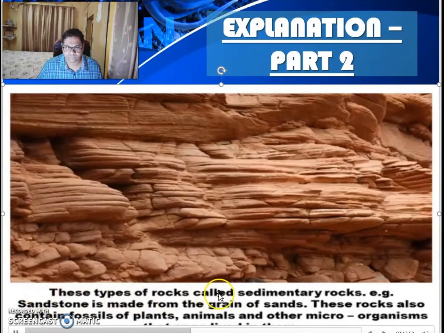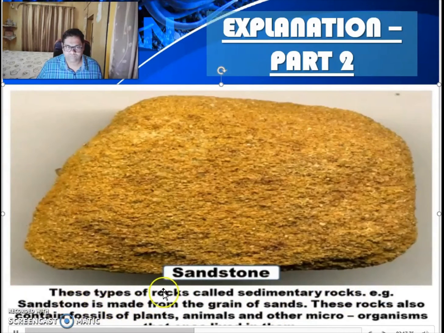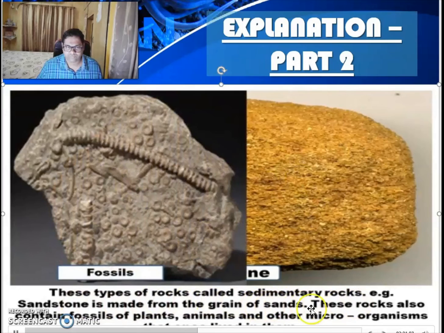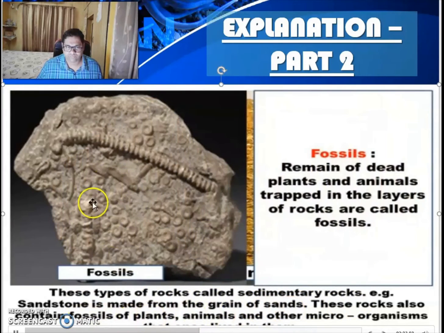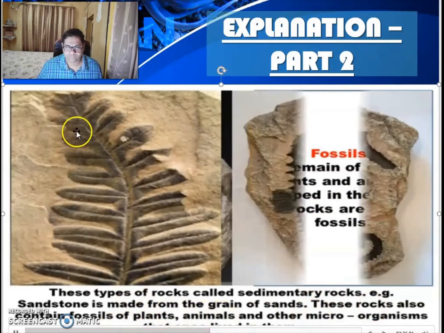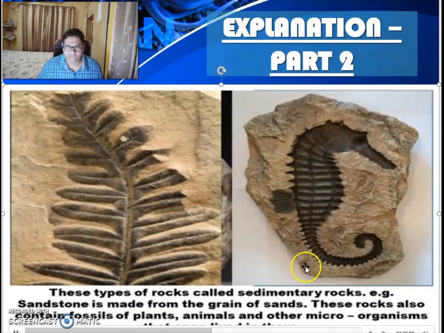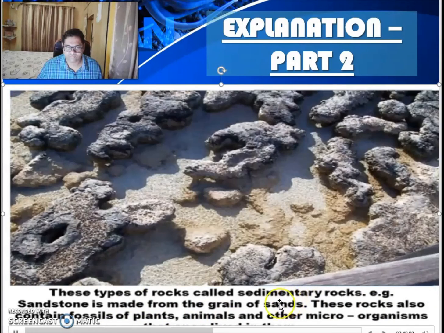These types of rocks are called sedimentary rocks. For example, sandstone is made from the grain of sand. These rocks also contain fossils. Fossils means remains of dead plants and animals trapped in the layers of rocks. These rocks also contain fossils of plants, animals and other microorganisms that once lived in them.